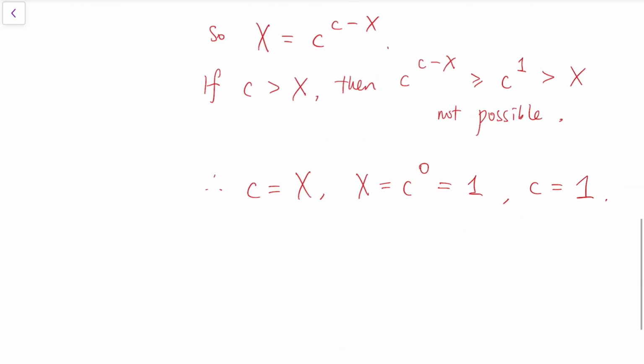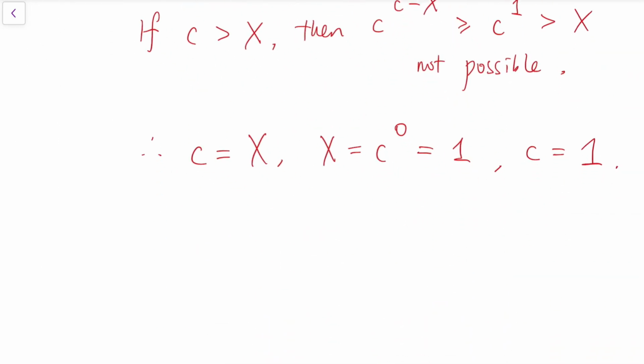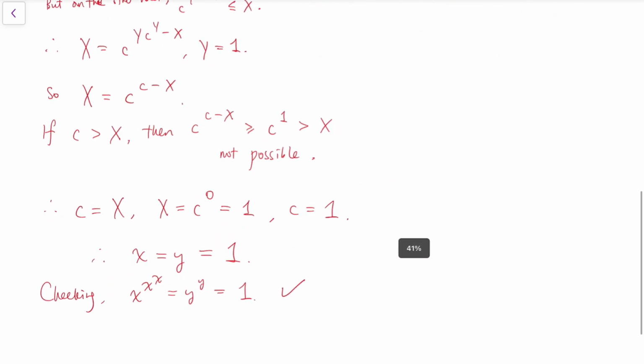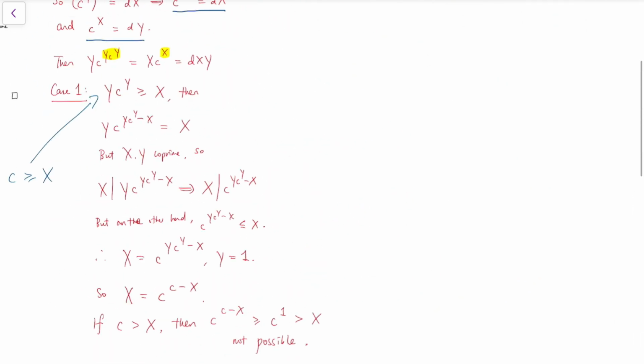And that means small x and small y have to equal 1. And that's clearly a valid solution, because then both sides of the original equation will just be 1. Yes, it's a valid solution, and now we can move on to the second case.